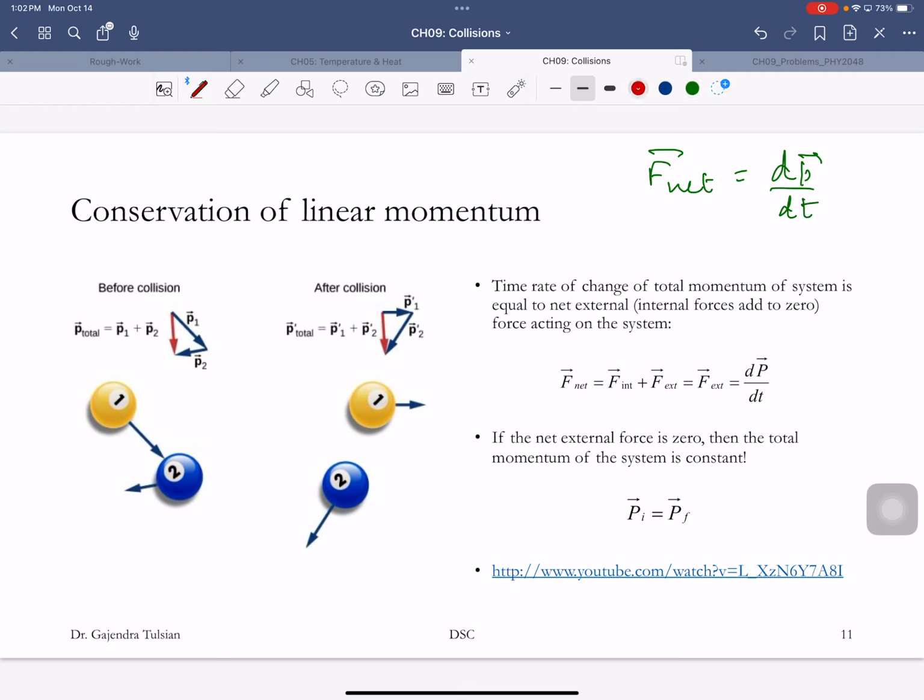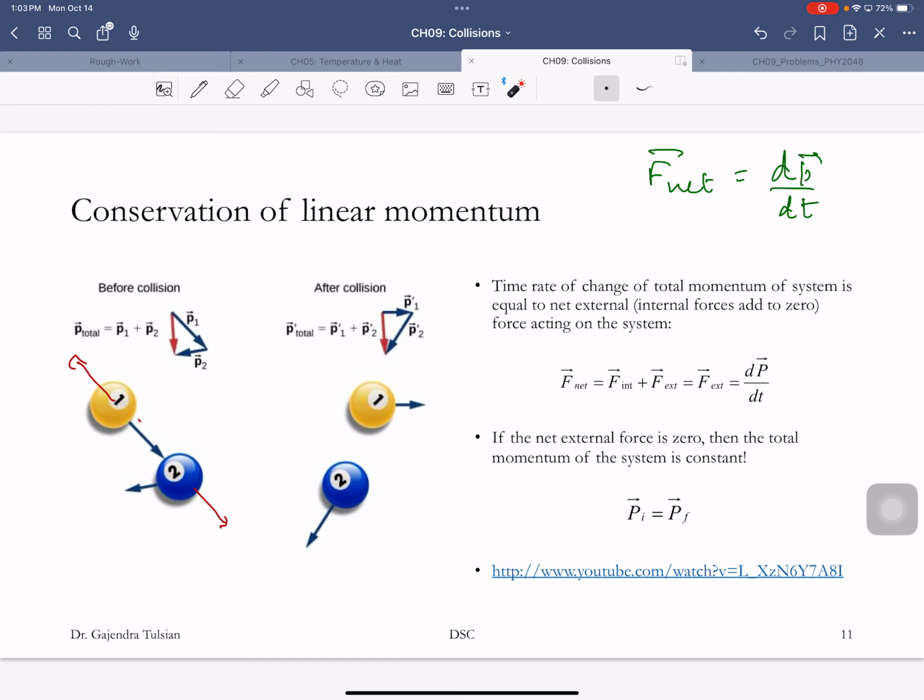This guy will exert a force on him in this direction, and that guy will exert an equal and opposite force on him. So the net force is any internal forces between the objects and external forces acting on the system.